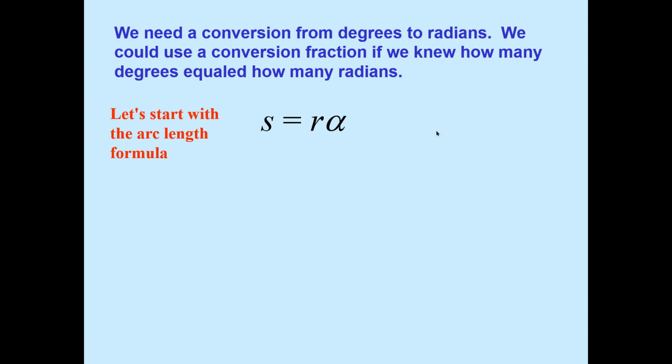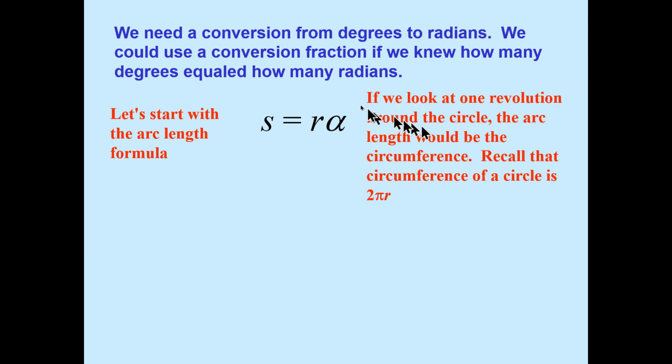So let's start with the arc length formula. If you look at 1 revolution around the circle, the arc length will be the circumference. Remember that the circumference is what? 2 pi r. We can cancel the r's.